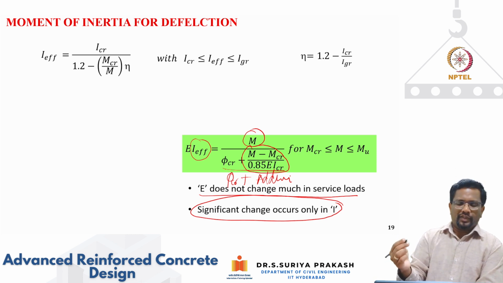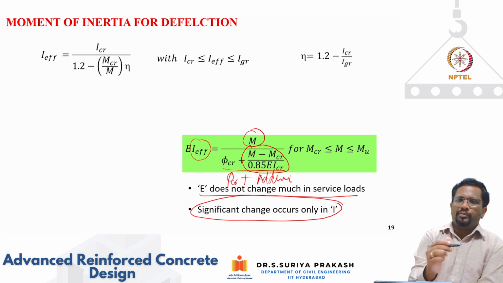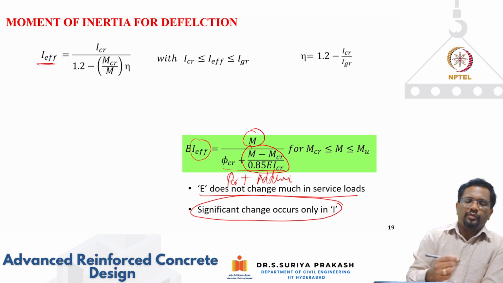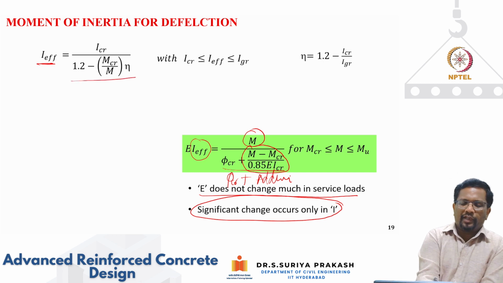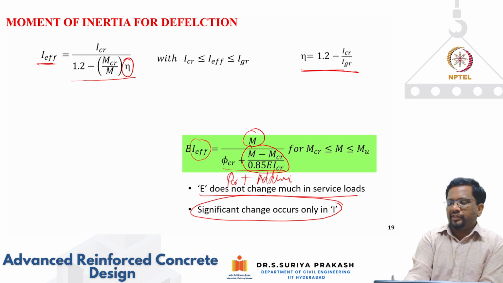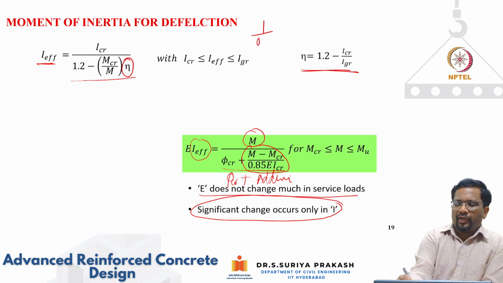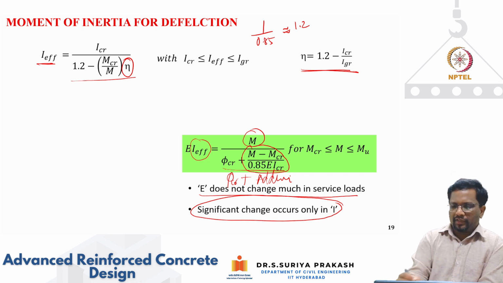So this and E everywhere we can cancel, and we can derive a simplified expression for this effective moment of inertia as I cracked divided by 1.2 minus M cracking by M times eta. Now what is this eta factor? Eta factor is given as, because 1 by 0.85 is roughly approximated to 1.2, similarly we are saying that again eta.